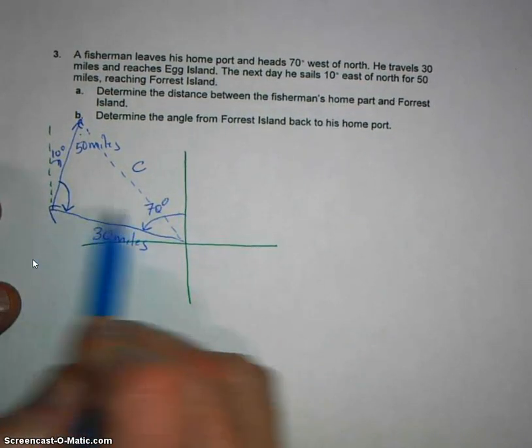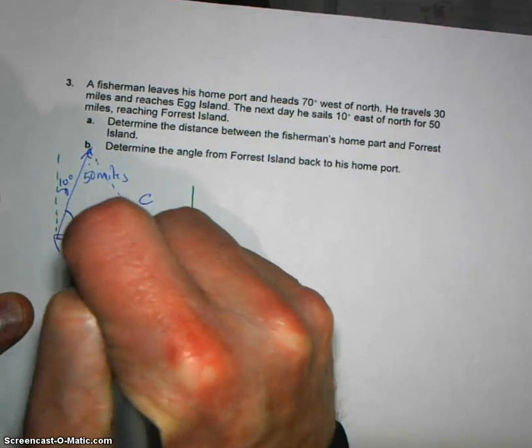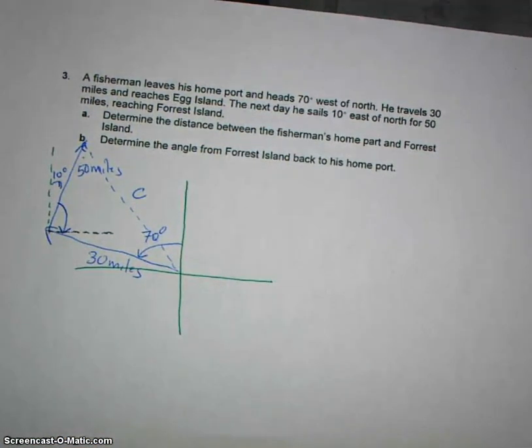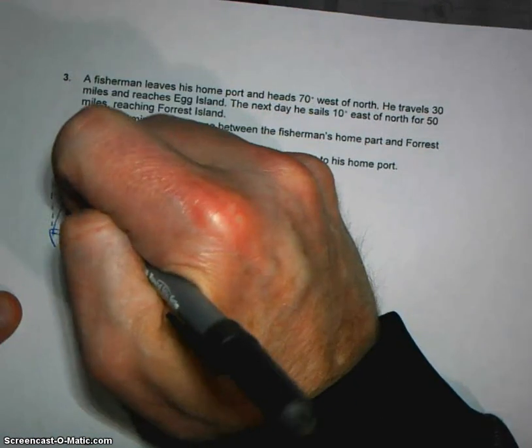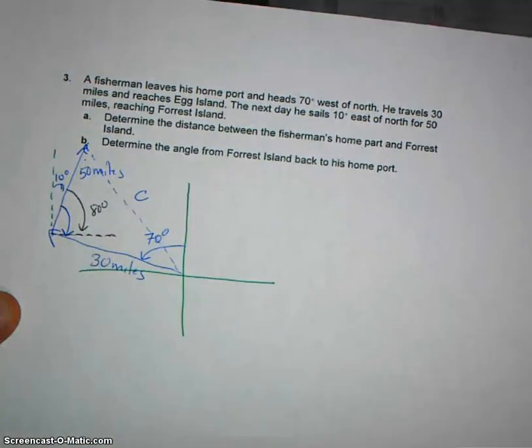That would be if that were horizontal. What do we know about the angles? Let's see, you got to think about this. Okay, so I think if we draw this line here, which is parallel to the x-axis, then we can say that this angle has to be 80 degrees because it would be 90 all the way there.